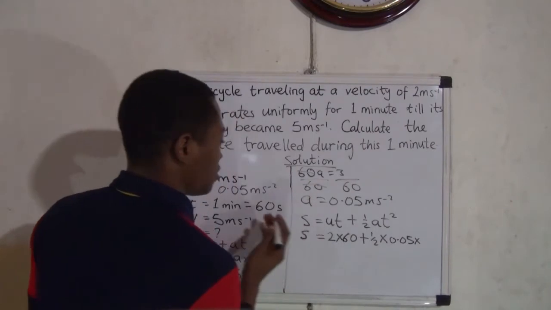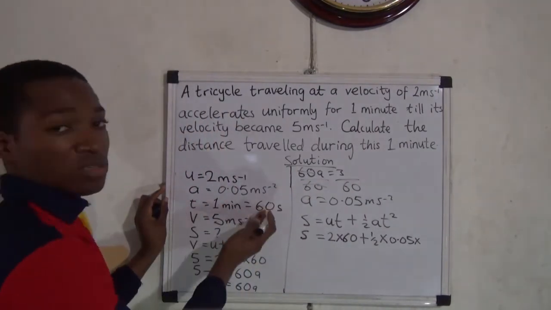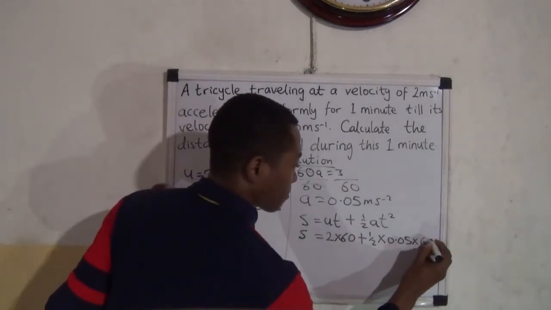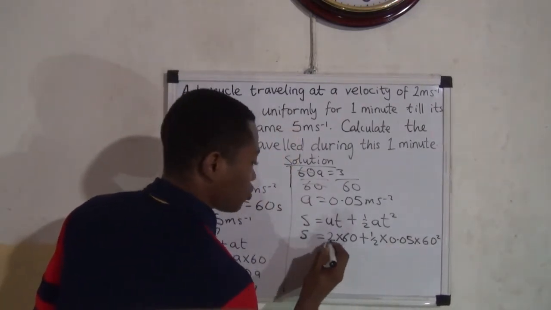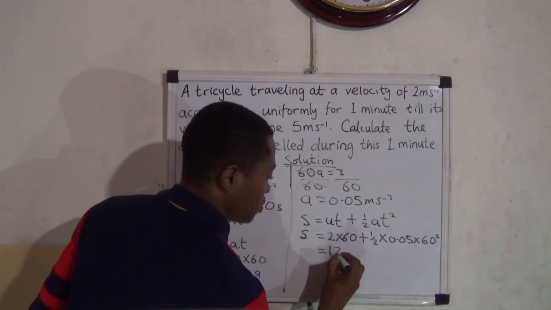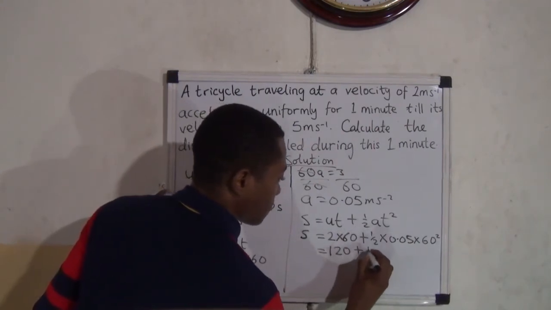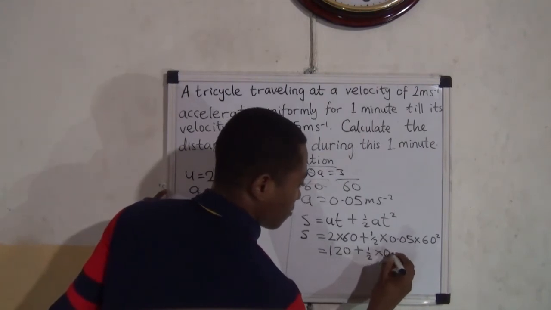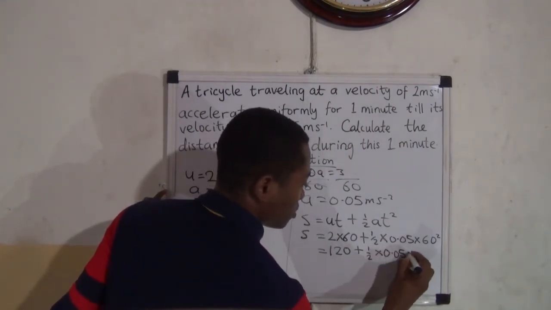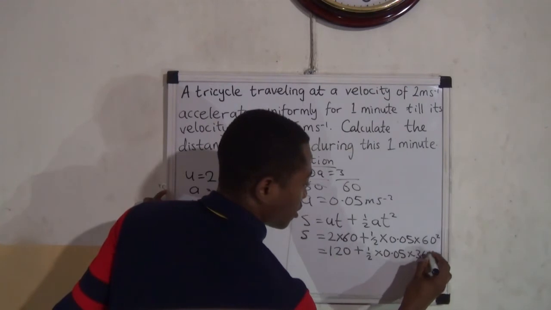Our t remains 60, 60 squared. So from this we have 2 multiplied by 60 is 120 plus half multiplied by 0.05 multiplied by 3,600.